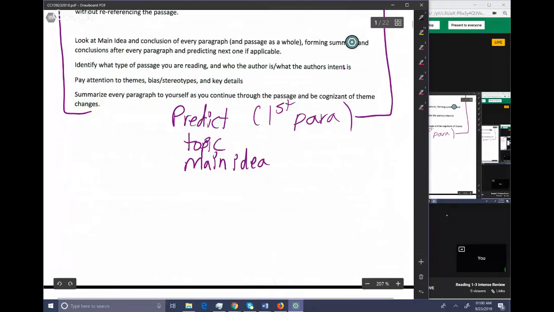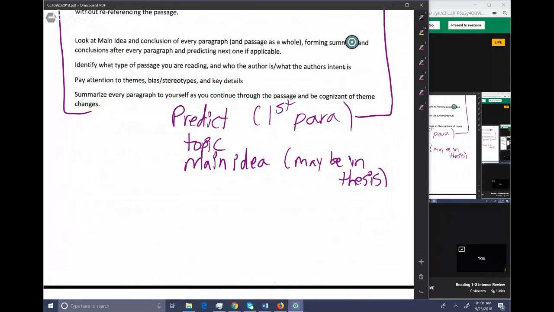And our main idea may or may not be in a sentence called the thesis. You'll see that I have that defined in this packet. The thesis statement is a vocabulary term that refers to a specific sentence that has the main idea specifically in it, or another way of wording that, the main idea sentence.